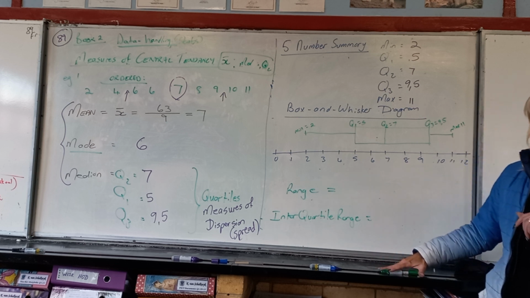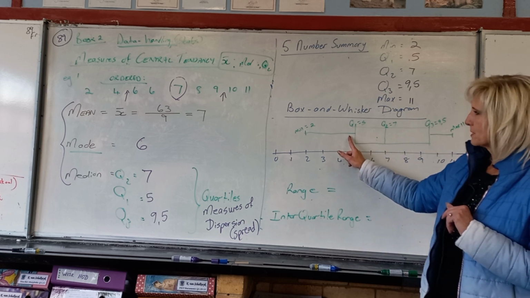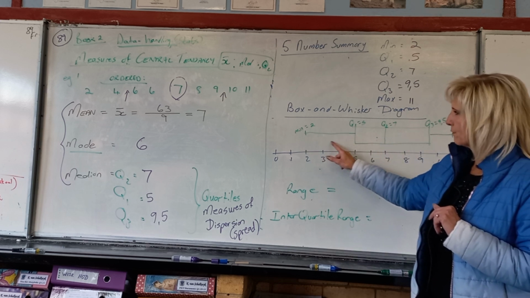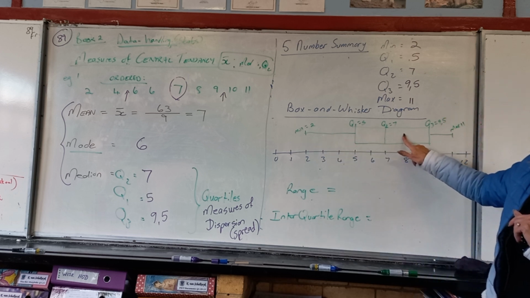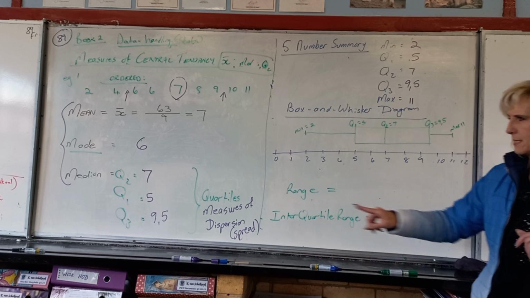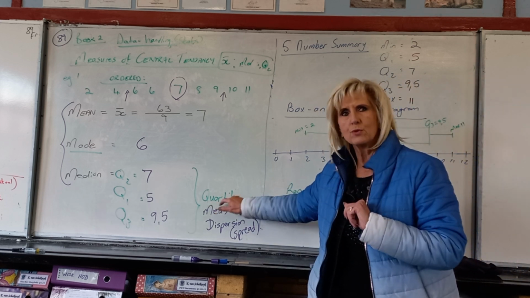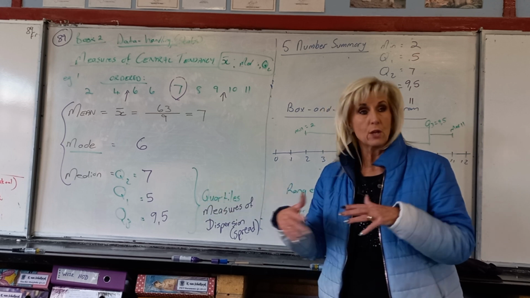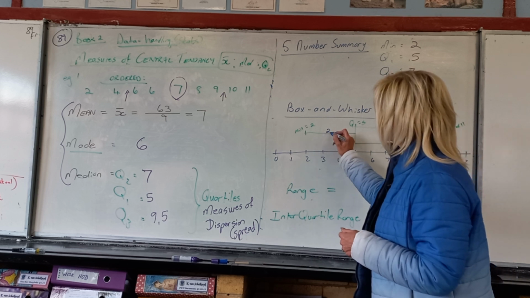But about skewness. When we look at this thing, these represent how much of the data lays over here, and how much of the data lays over here, and how much of the data lays here, and how much of the data lays here. 25%. 25%, because it is a quarter or a quarter. So does it make sense that we say 25%?